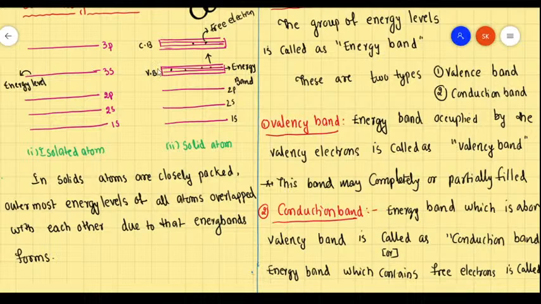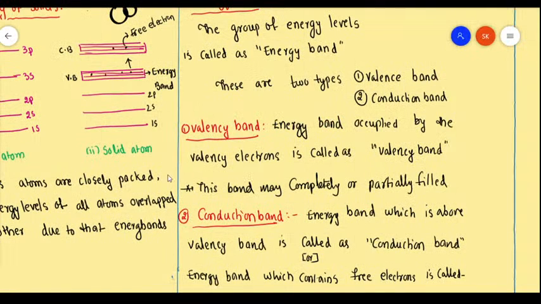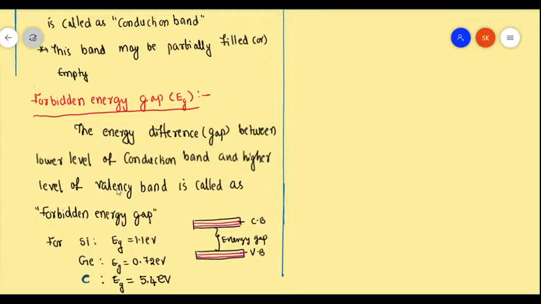You see the diagram here. This is the valency band, and above the valency band, the conduction band is there. What is the conduction band?